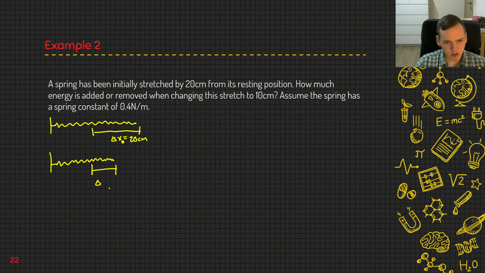So this is the initial stretch. This is the final stretch. It was initially stretched 20 centimeters, now it's stretched only 10 centimeters. And this right here would be our equilibrium, or our natural resting position. So we know that the change in spring potential energy is equal to 1/2 k times delta of delta x squared.